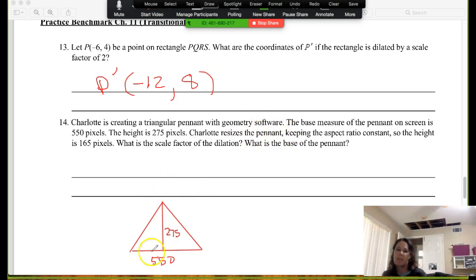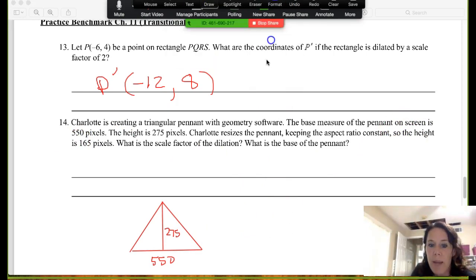Charlotte resizes the pennant, keeping the aspect ratio constant. So they're going to be similar, right? So the height is 165 pixels. So her new pennant, she wants it to be smaller, not quite so big, right?